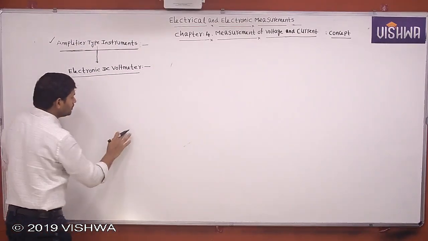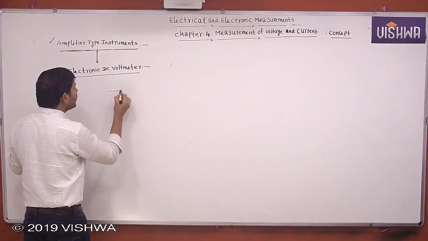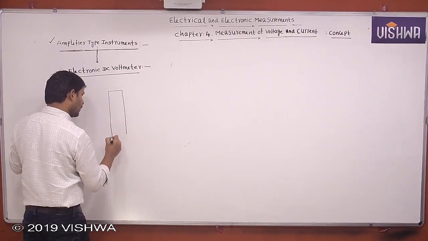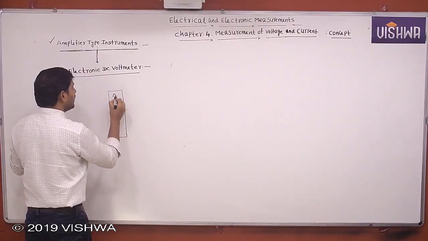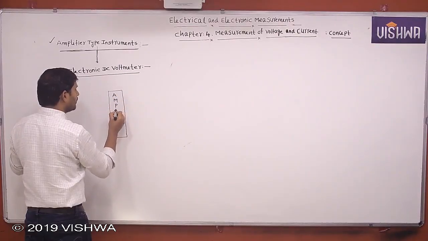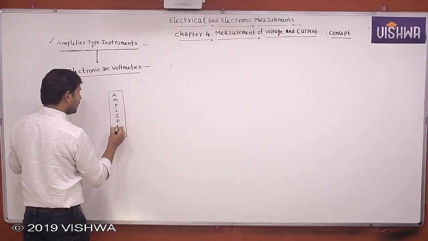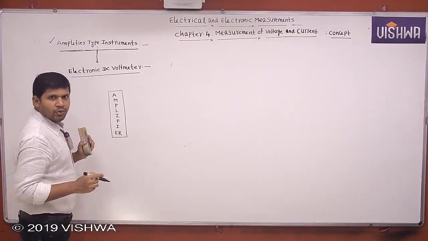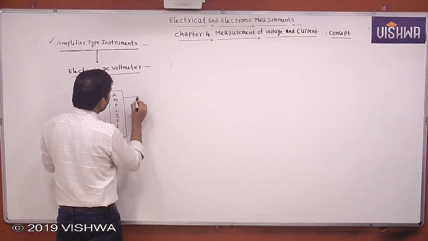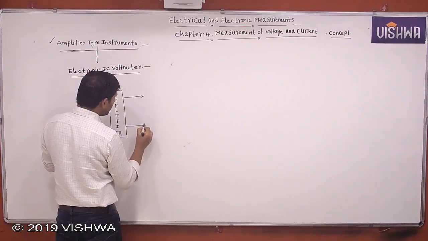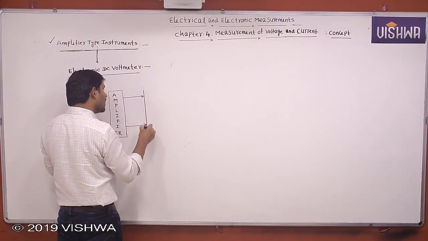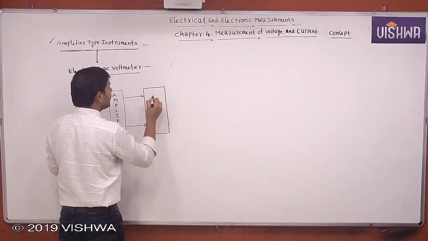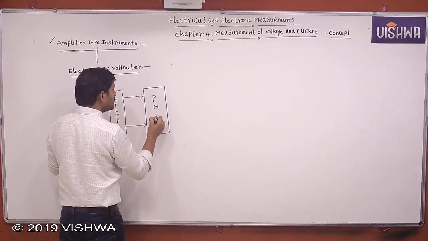It consists of one amplifier at the input side. The output of the amplifier is given to the PMMC. Internally, the electronic DC voltmeter also consists of a PMMC. Because internally it consists of a PMMC, what type of damping can you use in the electronic DC voltmeter? Eddy current damping, because of the permanent magnet. So this is the PMMC.